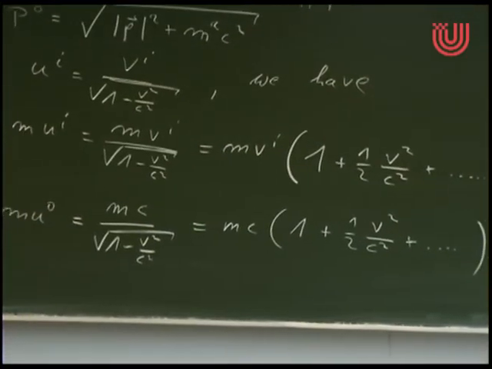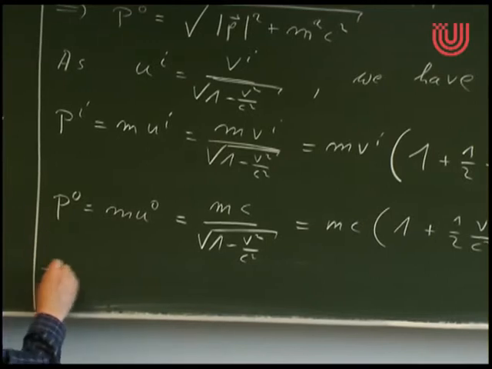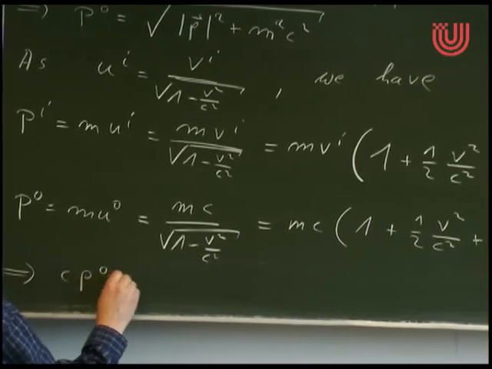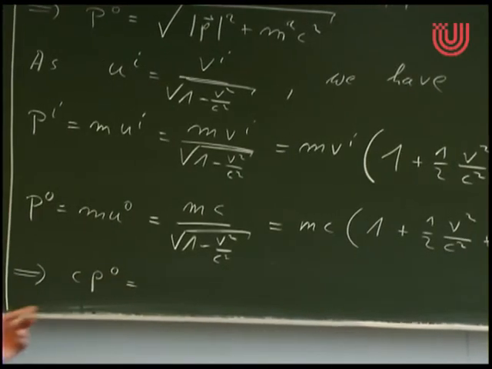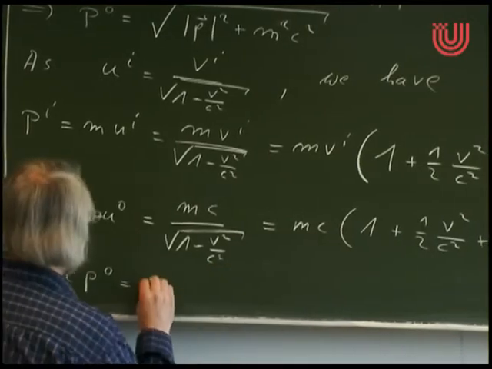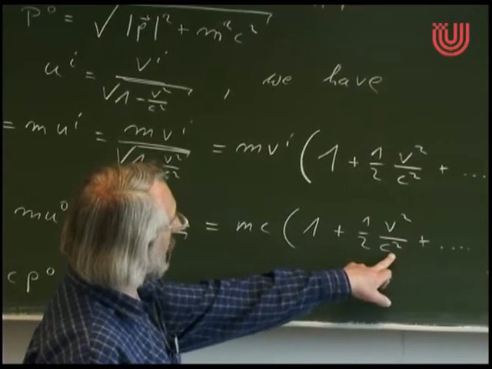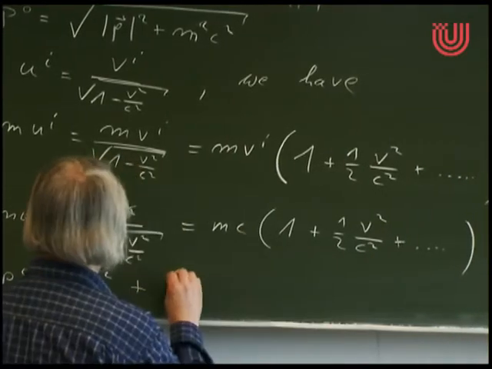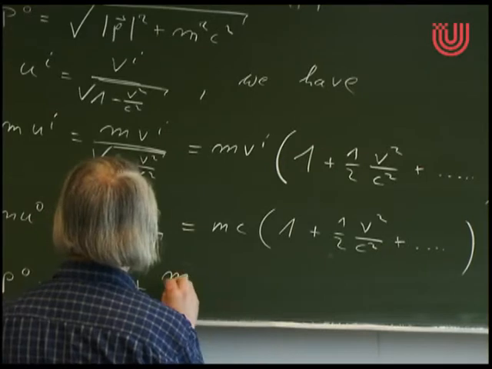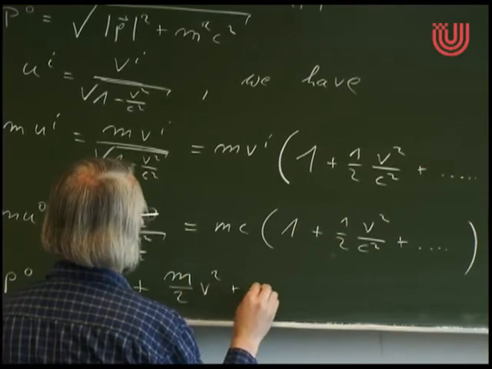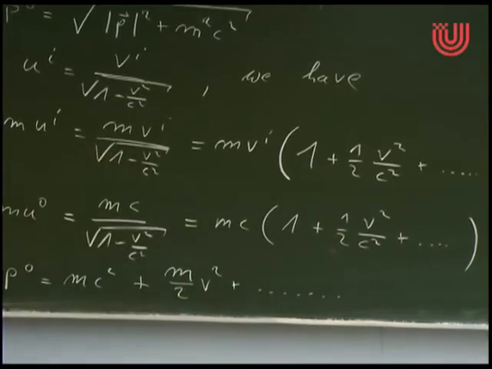And this gives me an interesting equation. Namely, if I multiply this with c, then I get c p naught is what? I multiply with c, so I get mc squared, and then mc squared times v squared divided by c squared. So this gives just an m, and then 1/2 v squared. And then I get higher order terms.